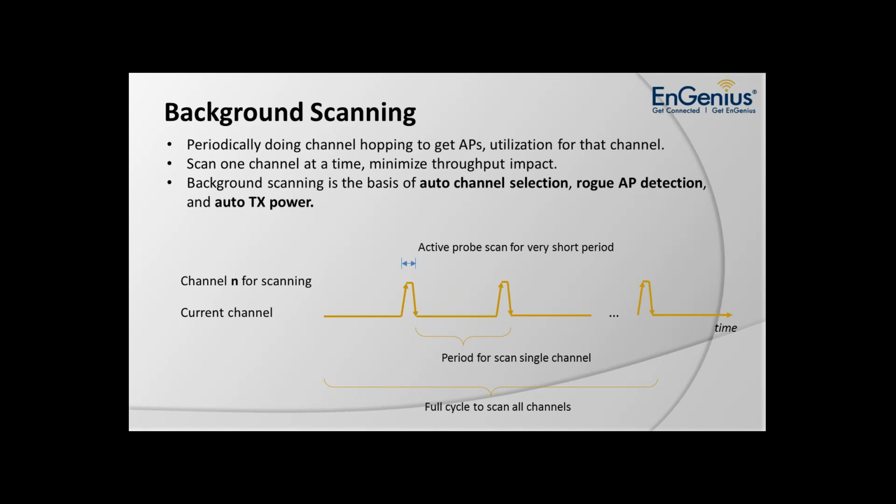It will scan for channel, the power settings, the RSSI, many small things regarding the status of our access point. And the background scanning is the base of real auto channel selection, rogue AP detection, and auto TX power.